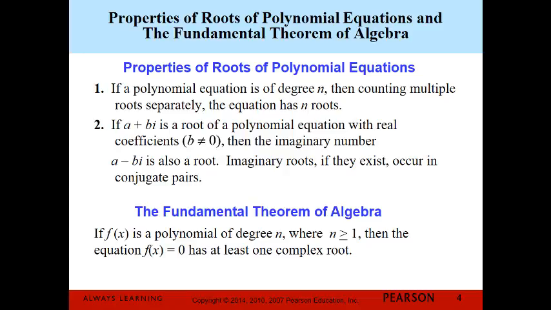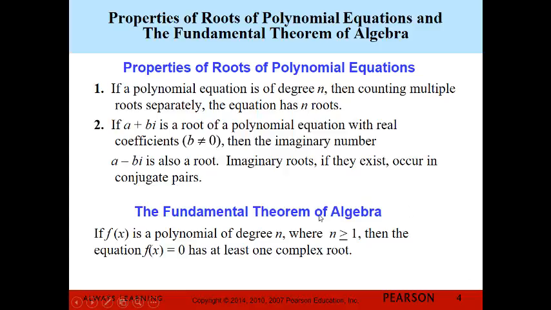The second property we're going to use is that imaginary roots, a plus bi, where b isn't 0, come in conjugate pairs. So if a plus bi is a root of the polynomial equation, and notice the coefficients are real numbers, then so is the imaginary number a minus bi.